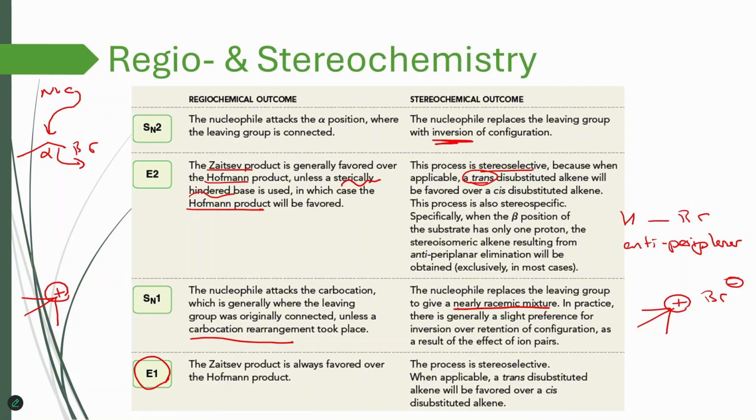And this reaction is not stereospecific because you don't have any anti-periplanar requirement, because you are abstracting a proton from a carbocation. So you don't have the requirement that the proton and leaving group be in an anti-periplanar position. You only have that requirement in the E2 reaction, where the leaving group leaves and the proton is abstracted by the base at the same time.